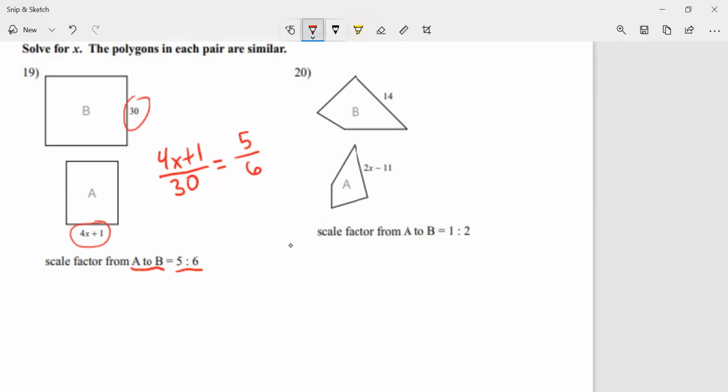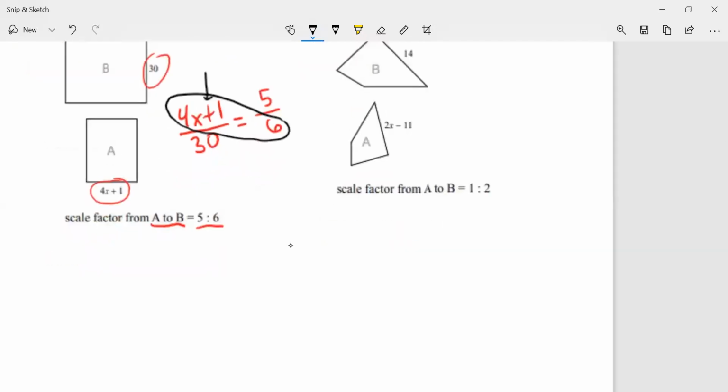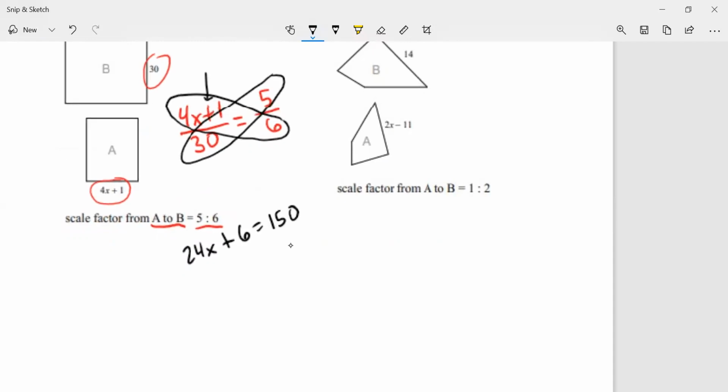So to solve for x, let me cross multiply. When I go this way, because of the plus sign in between, I have to go 6 times 4x and 6 times 1. I know 6 times 4x is 24x plus 6 times 1 is 6. This is equal to 5 times 30, which is 150.